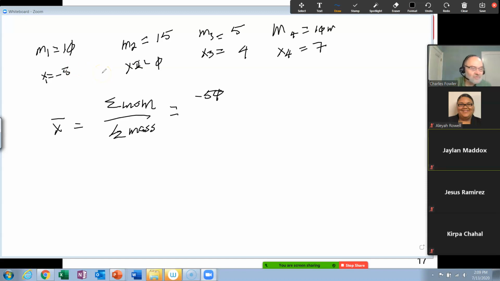Notice they didn't give us units on any of this. You're just using them as if, and the units are just consistent. Our M2 is 0. Moment 2 is 0 because 15 times 0 is 0. M3 is a positive 20, and M4 is a positive 70.